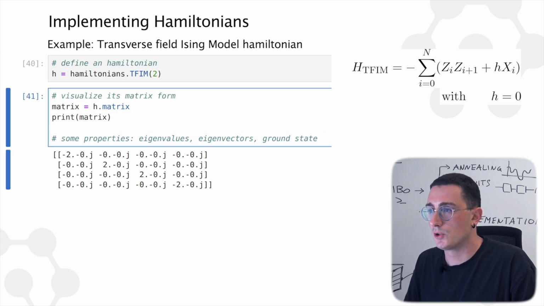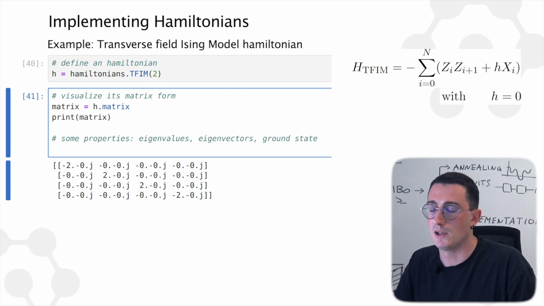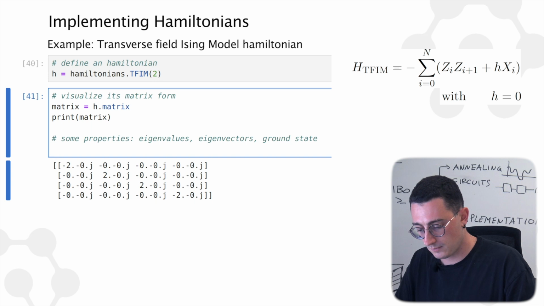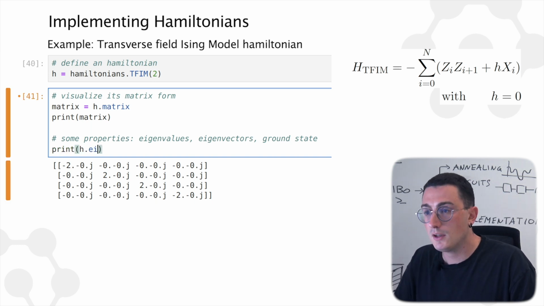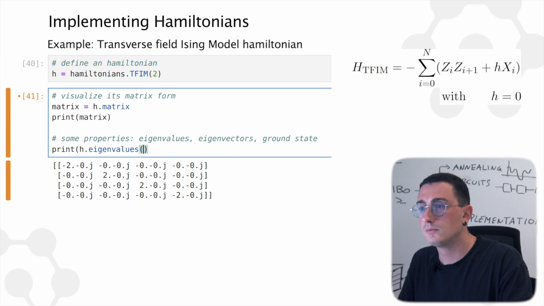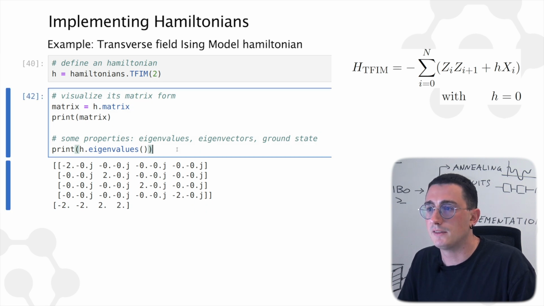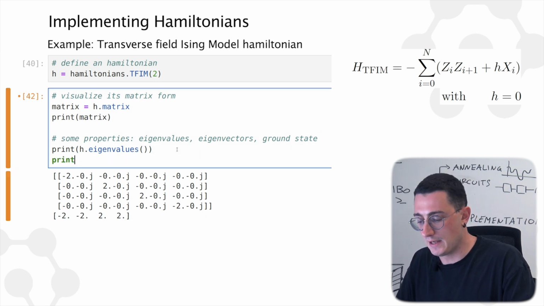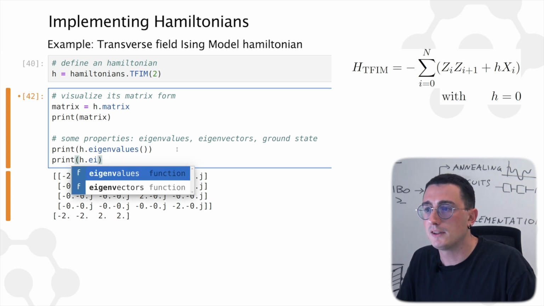And then we can also collect and print some more properties of the Hamiltonian, like the eigenvalues. Print H.eigenvalues. As you can see, it's 2, minus 2, minus 2, 2, 2. We can print the eigenvectors, so H.eigenvectors.